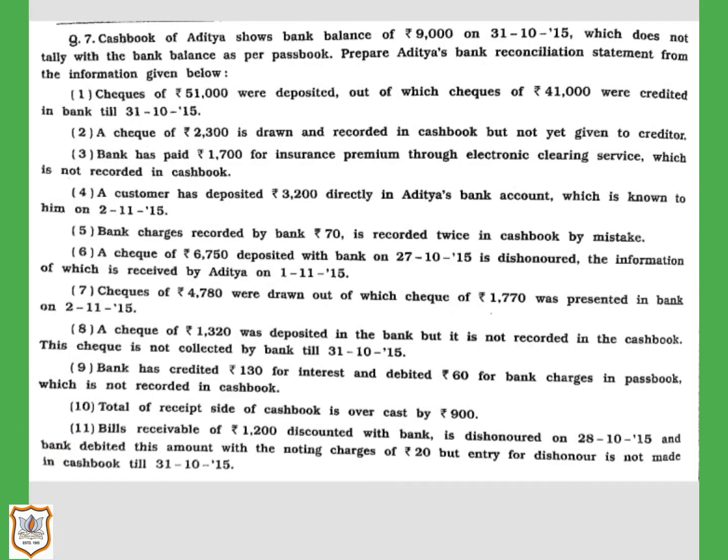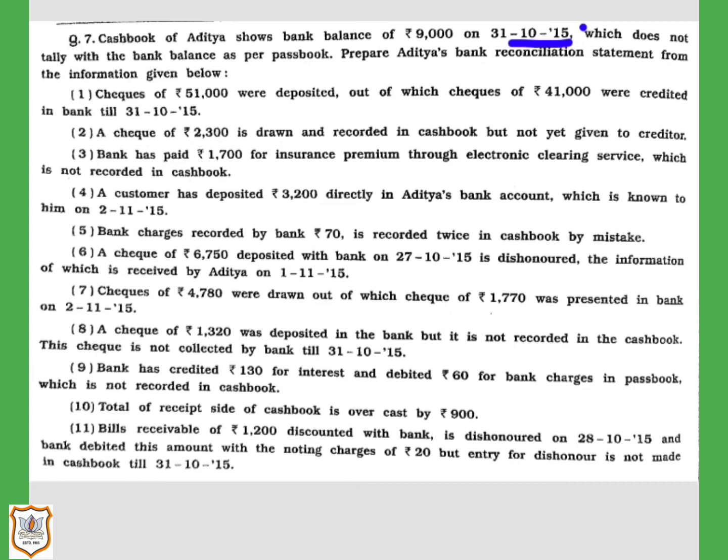Here the check drawn amount of rupees 4,780 must have been credited by the trader in the credit side of the bank column in the cash book, but as the check of rupees 1,770 was presented in bank on 2nd November 2015, that means it was presented late, that is after 31st October 2015, the date for which we are making BRS.